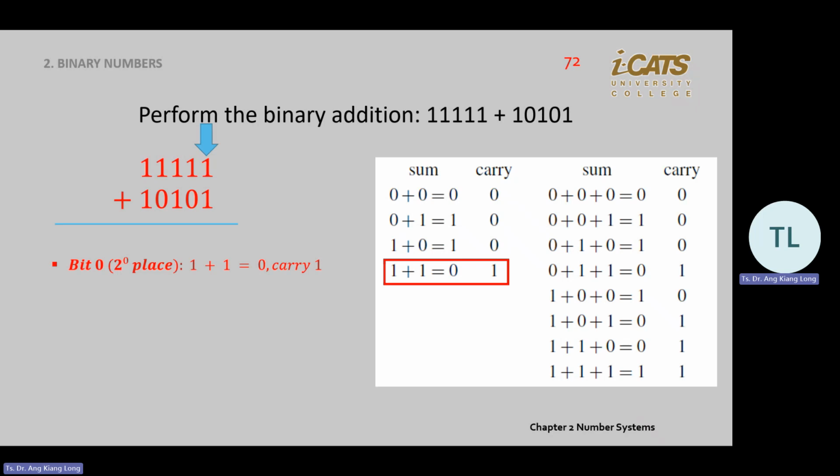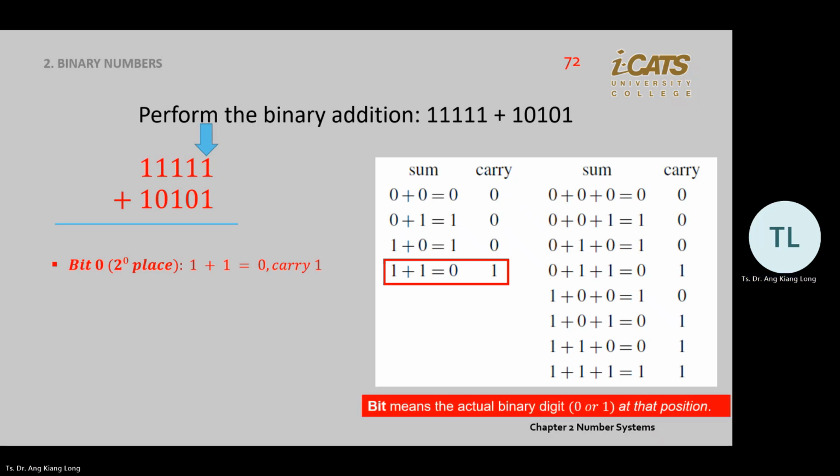So 1 plus 1 is carry 1. Bit means the actual binary digit, either 0 or 1. But in normal cases, I encourage you to use index to be easier, unless you're communicating with computing people or programming people, then you use bit 0, bit 1, bit 2, bit 3, bit 4.